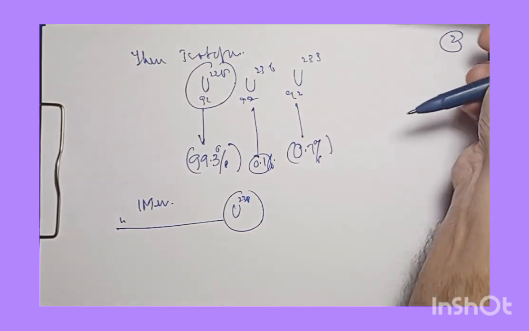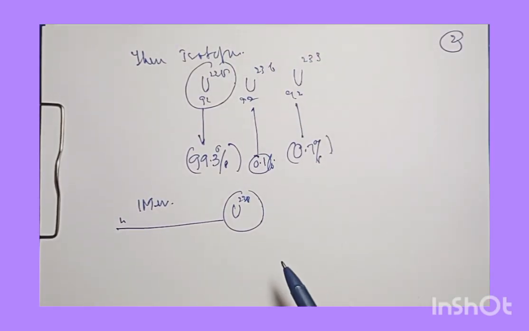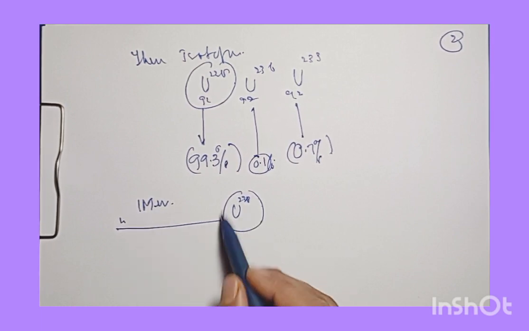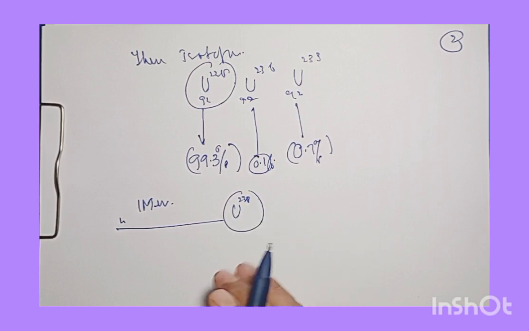If the energy of the neutron is not sufficient to cause disturbance to uranium-238, then the reaction will not start, and it will not sustain.